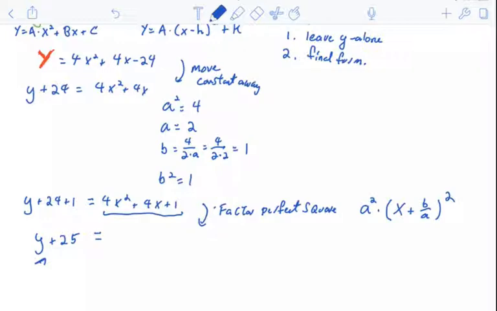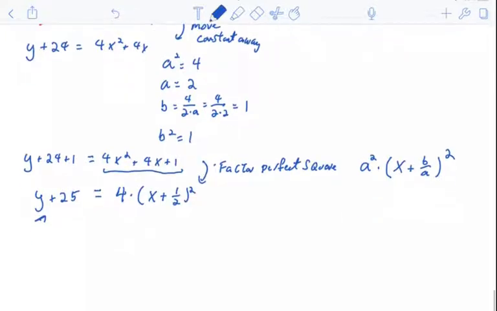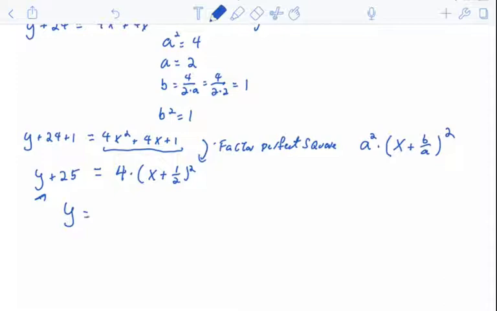2 squared is 4. X plus b over a is 1 over 2, all squared. And so our final form is 4 times x plus 0.5 all squared minus 25, which is what I showed you at the start of the video. Okay?